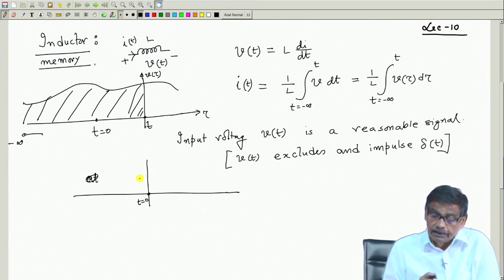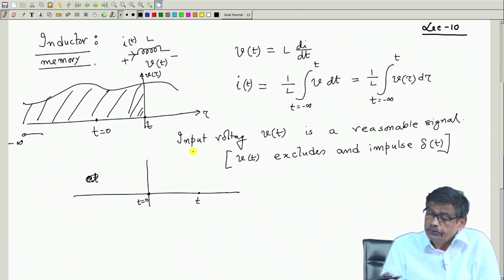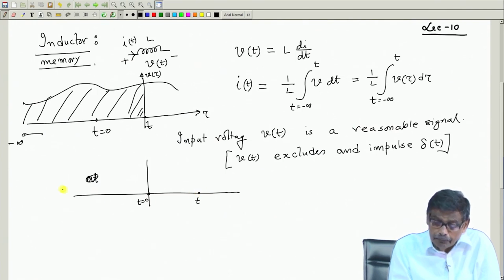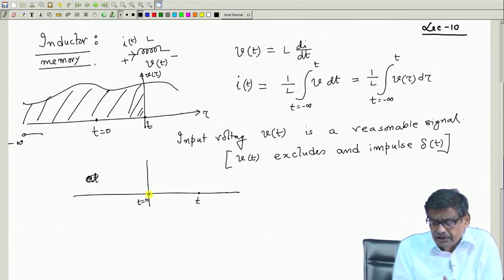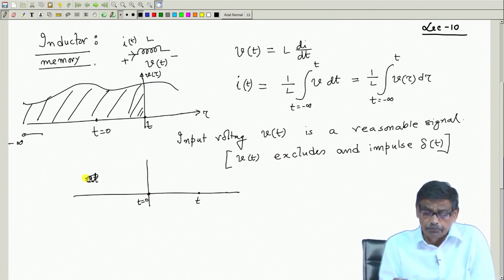I will be interested to know the current at any time t, that is my goal. But as I told you, the current at time t will depend upon all the voltages integrated up to time t, including the known voltage here, and for t less than 0, I am not sure what voltage I applied. Unless it is known, it cannot be done, but I will tell you how this problem can be tackled.